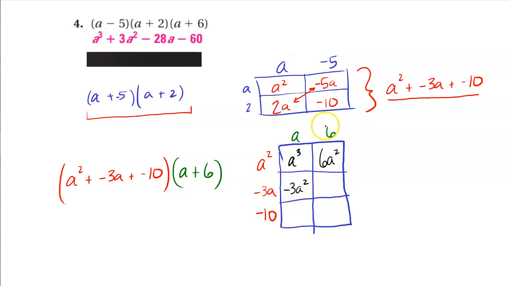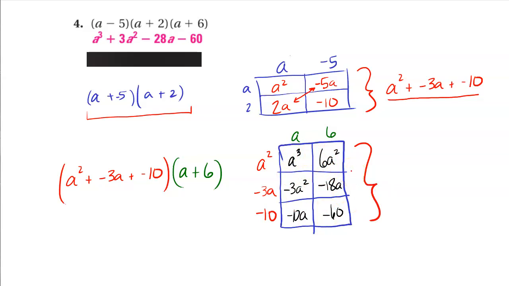Negative 3a times 6 is negative 18a. Negative 10 times a is negative 10a. And negative 10 times 6 is negative 60. Okay, and so there's my answer. All these 6 terms there, but I have to add them together.